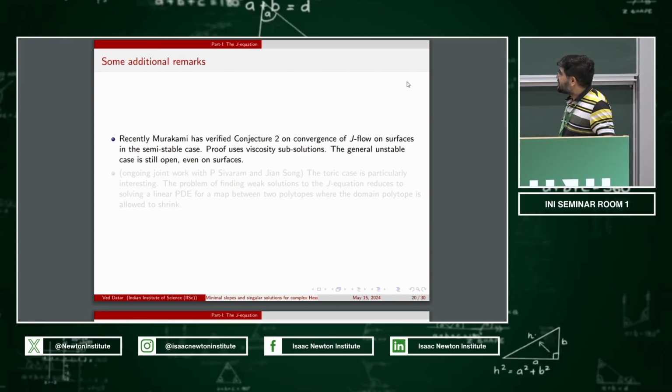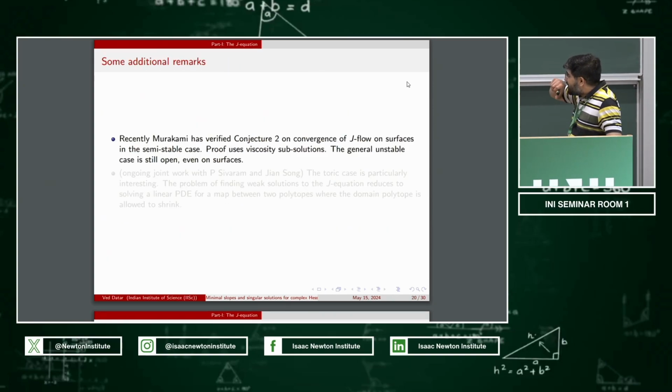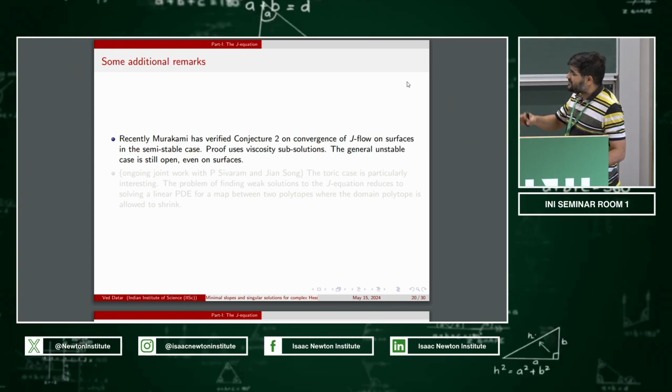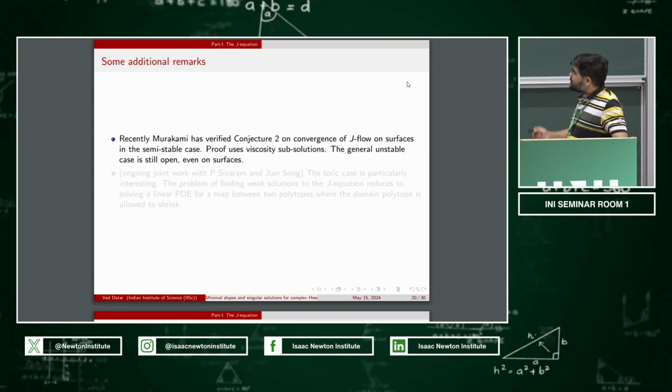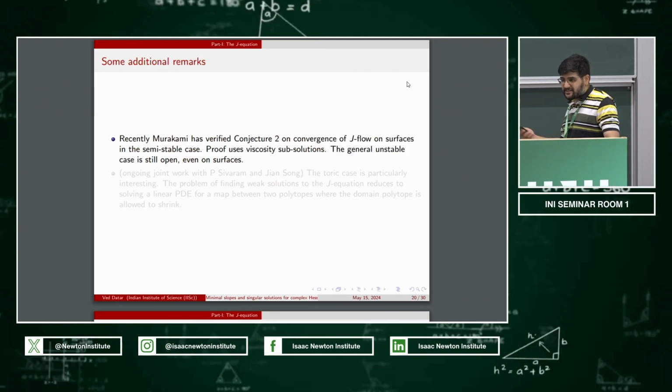Right, so maybe I should end this section with a few additional remarks. Recently Murakami has verified this conjecture on the convergence of the J-flow on surfaces in the semi-stable case, and his proof is actually very beautiful.